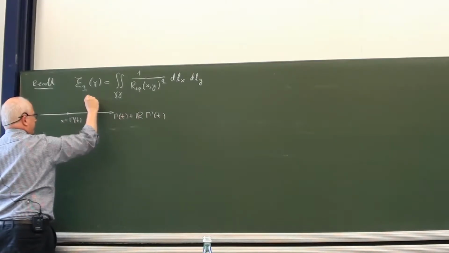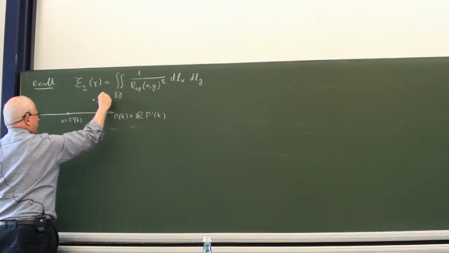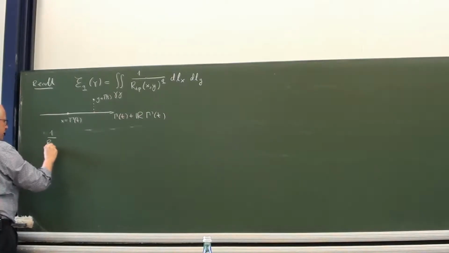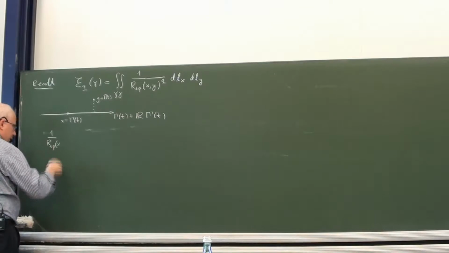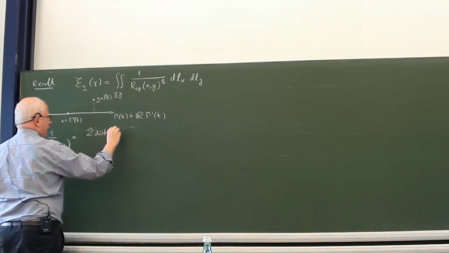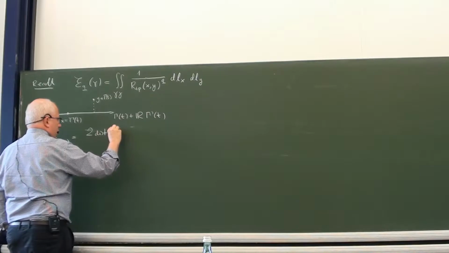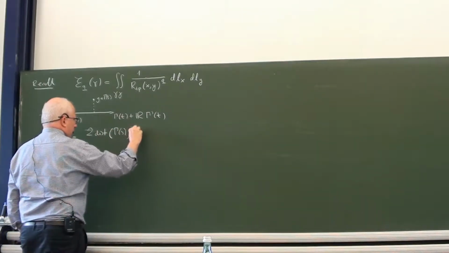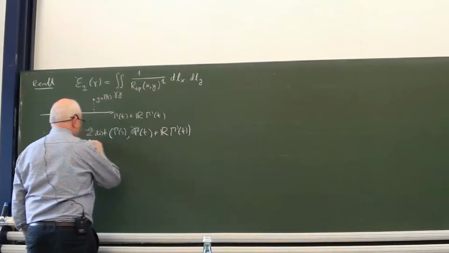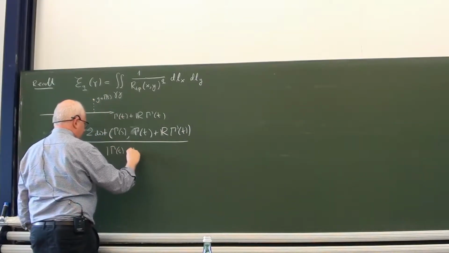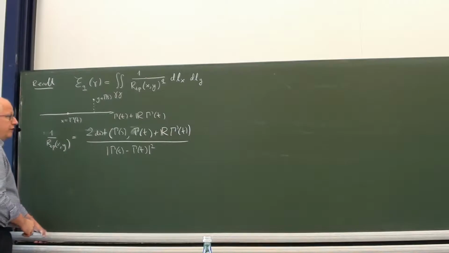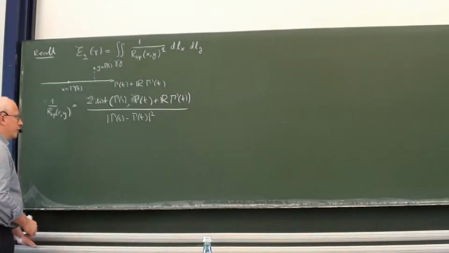And if you have some other point y equal to gamma of s, then 1 over R_TP of x and y is equal to twice the distance from gamma of s to gamma of t plus the real line times gamma prime of t, over gamma s minus gamma t squared. That's what you integrate.